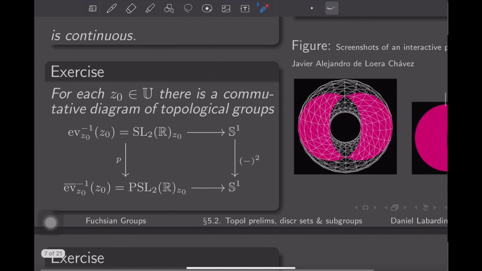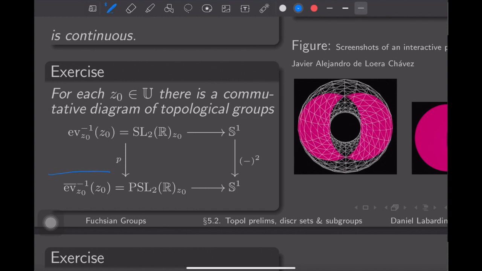So if I see it here, then it's easy to see that this is really a circle in disguise.